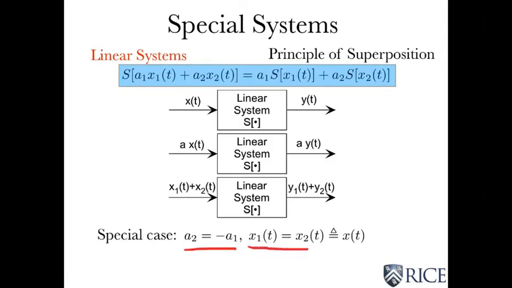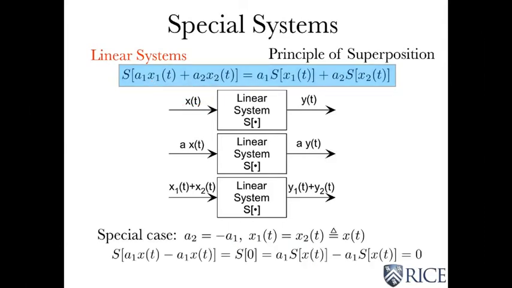And let's say that x1 and x2 are the same thing. We're just going to call that x. So A1 and A2 are negatives of each other, and these two signals are the same thing. Well, what that gives us is that the input to our system is A1x minus A1x. Well, that's called 0.